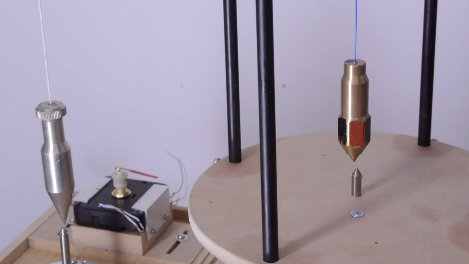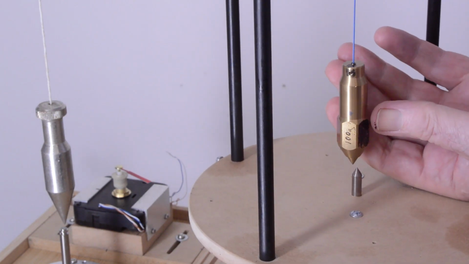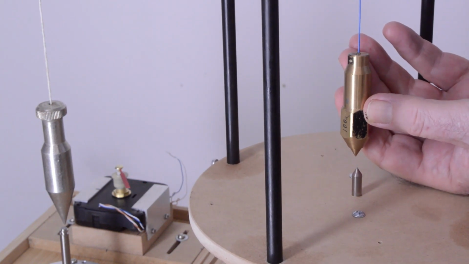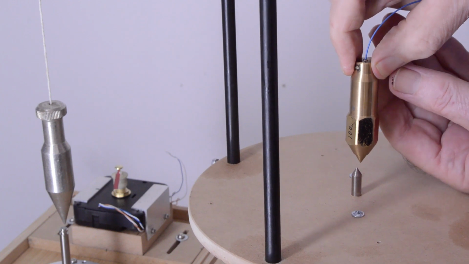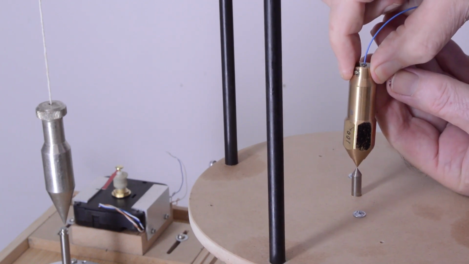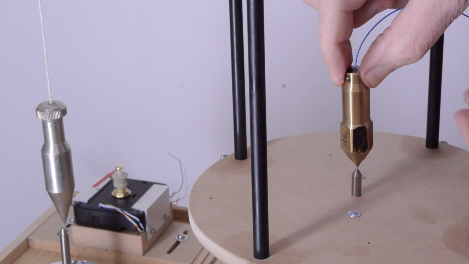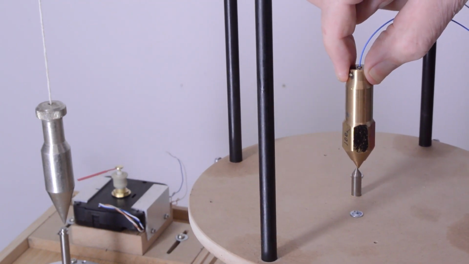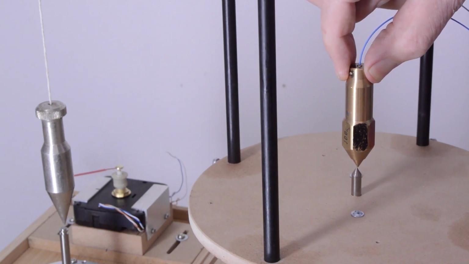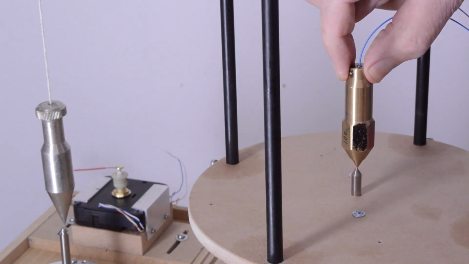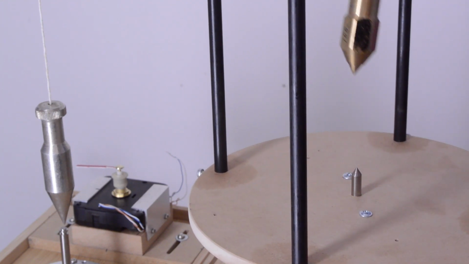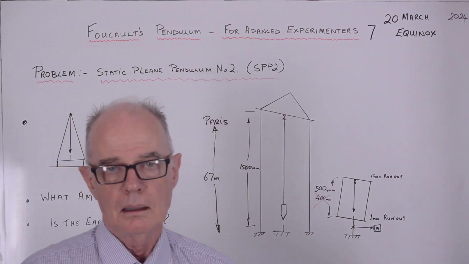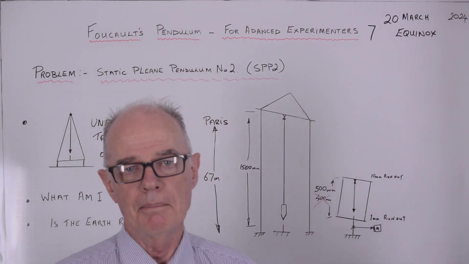So what we're trying to do is balance the tip of this, lower it without using the wire connecting it. What we're trying to do is balance this on top of that without the wire. Impossible. Okay, maybe that can help. Okay, you can see my dilemma.